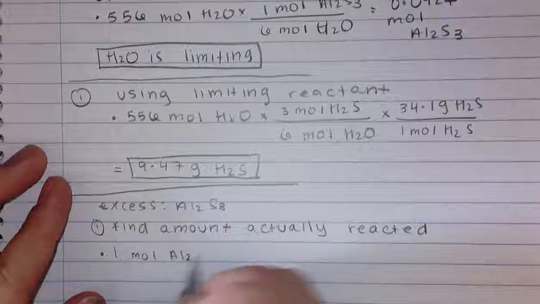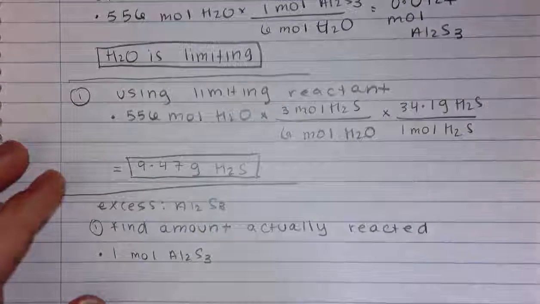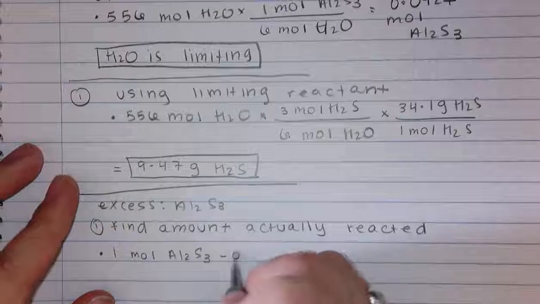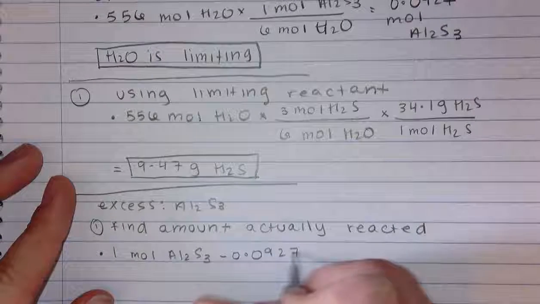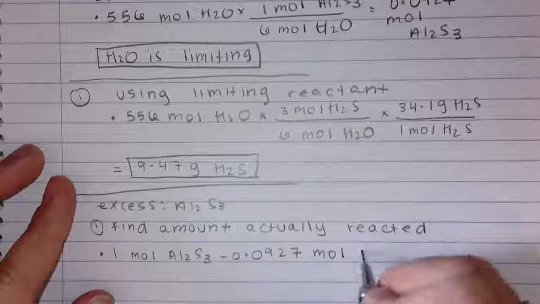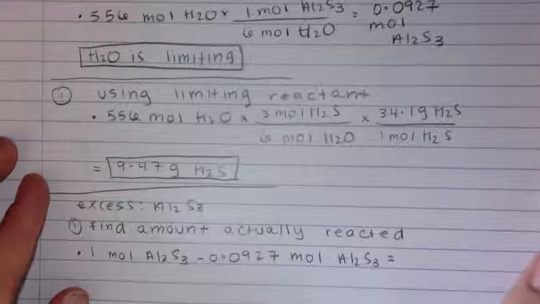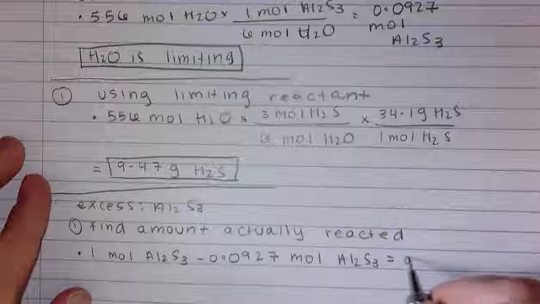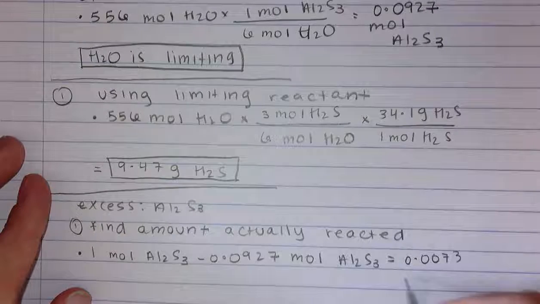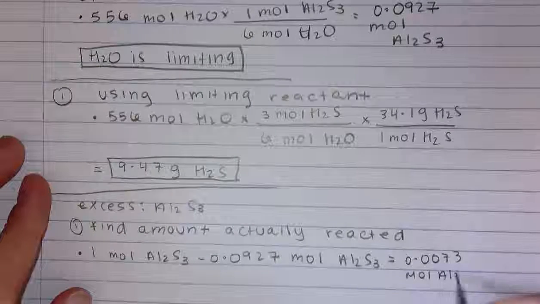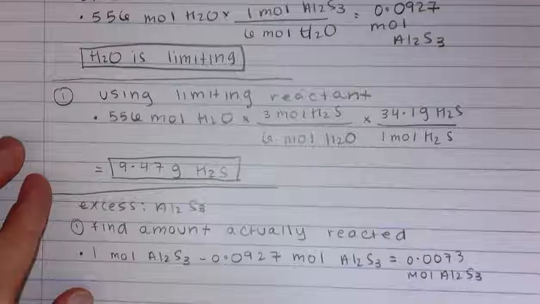So we're just going to subtract the two to find the moles that we have left over. So we get that we have about 0.0073 moles of aluminum sulfide left over.